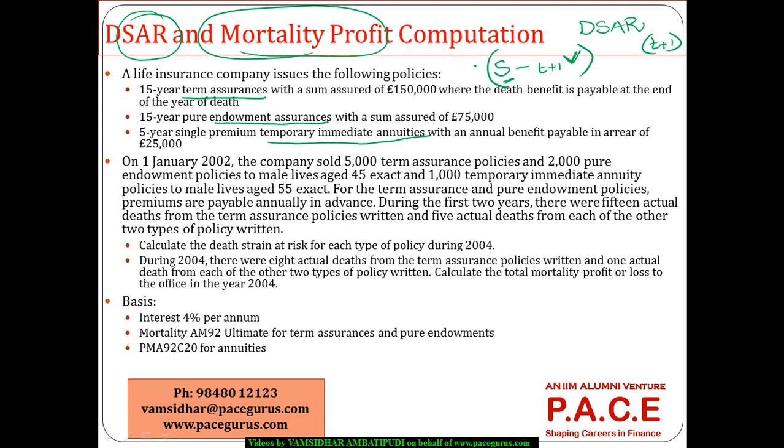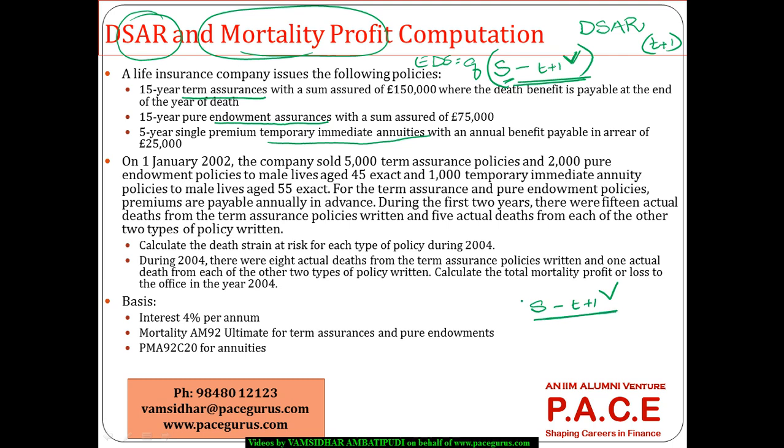This entire death strain is for one single policy. If I multiply this by Q, I get the expected death strain. On the other side, from an actual death strain perspective, for every policy this is the actual death strain.